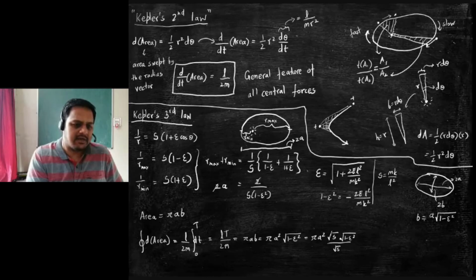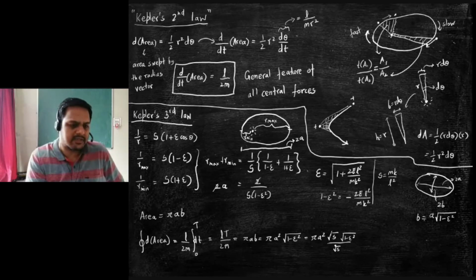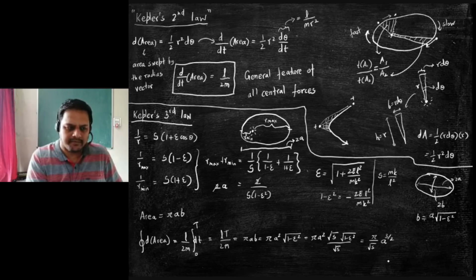S is a constant, so this doesn't matter. Multiplied and divided by root s. What is root s into root of 1 minus epsilon square? It is 1 upon root a. So this will give you pi by root s into a to the power 3 by 2.